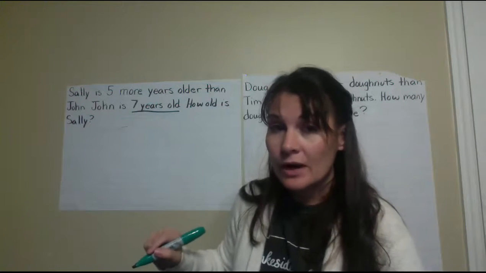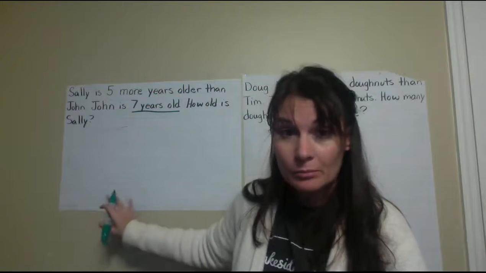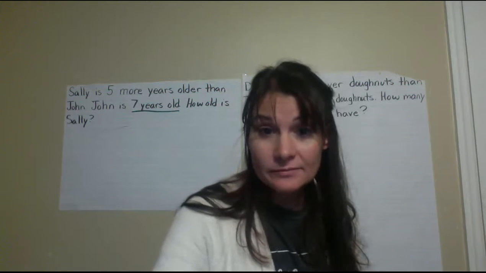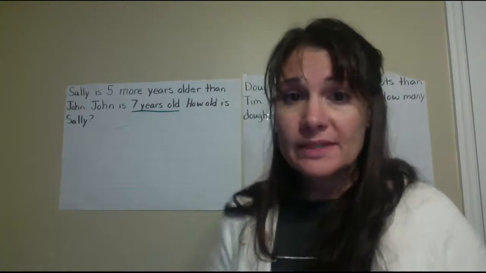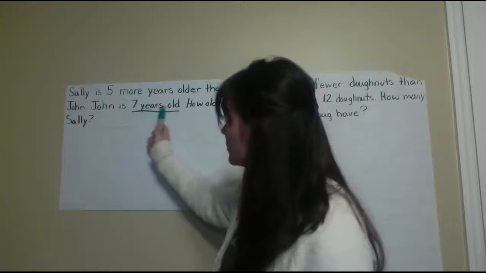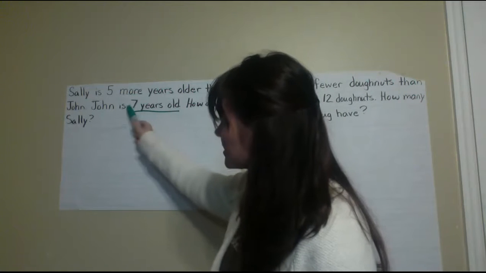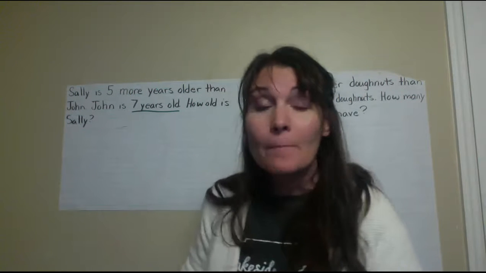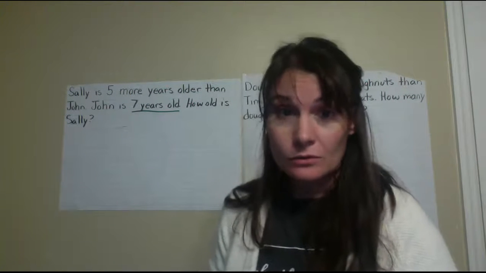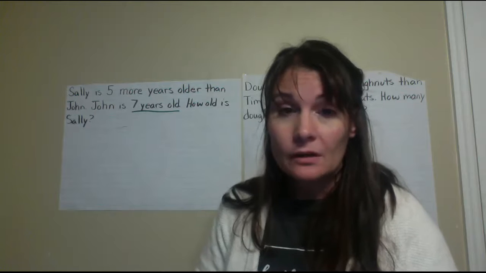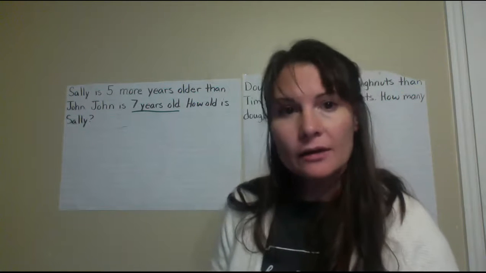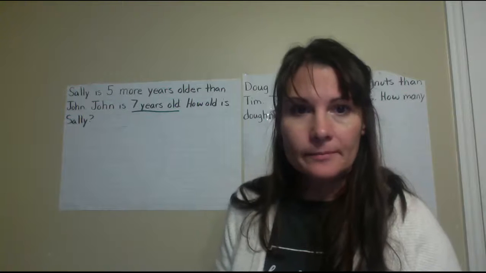Let's go ahead and write our equation on our board and then use our manipulatives to help us solve. So we see that John is 7 years old, but Sally is 5 more years old. So what kind of thing do you think we'll be doing this time? Do you think we'll be adding or subtracting?